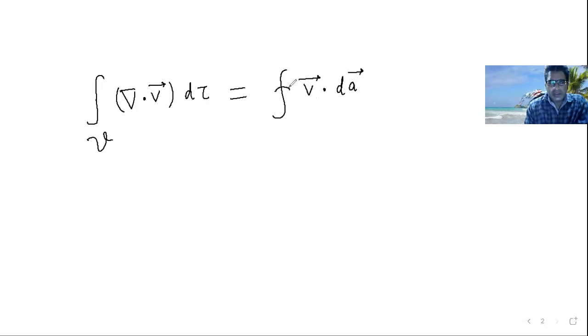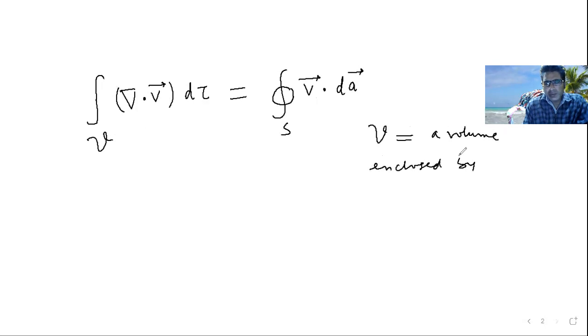But the surface integral is a closed surface integral over surface S. Now we said V is some vector field. This is an infinitesimal volume element. Nu is some volume, right? So nu here is a volume enclosed by a surface S. You need to understand.